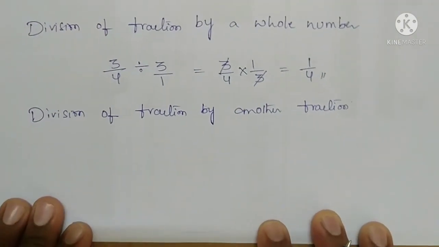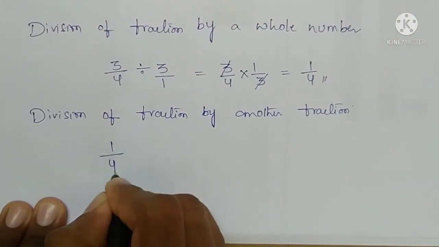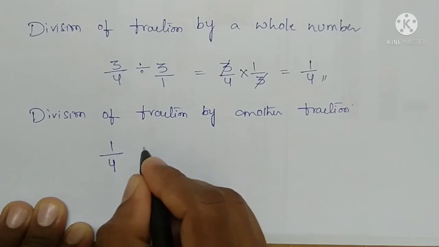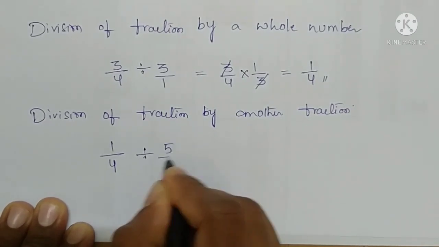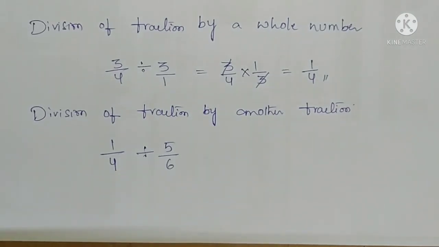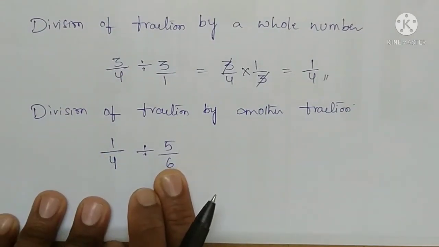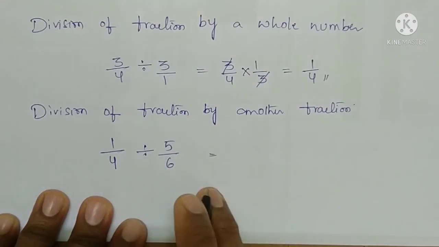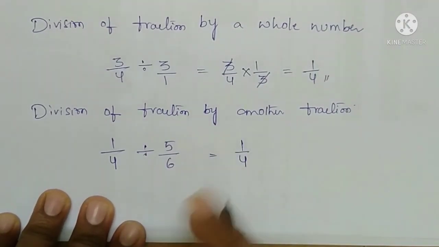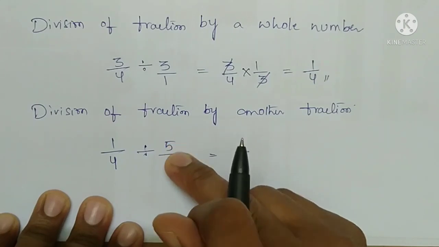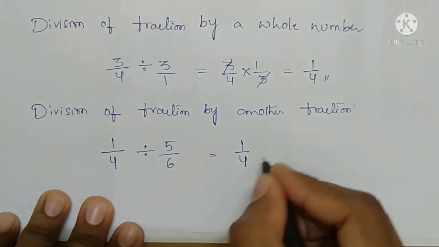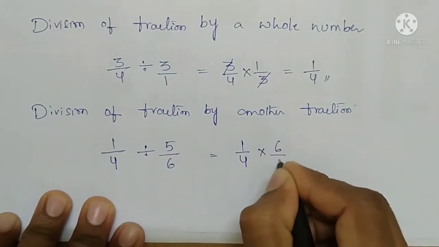Take one example: 1 by 4 divided by 5 by 6. This is a fraction. This is also a fraction, right? So that is equal to 1 by 4. The reciprocal form of 5 by 6 is 6 by 5, right? Multiply with 6 by 5.